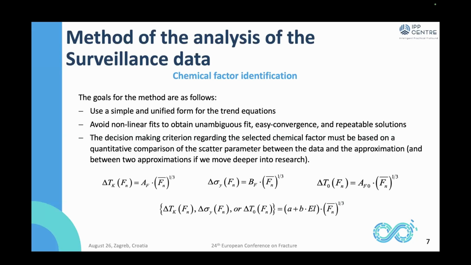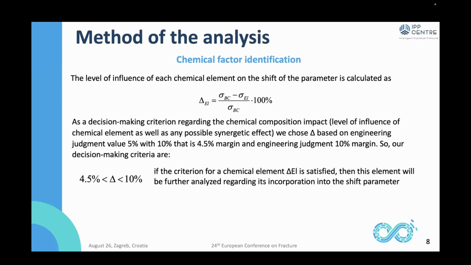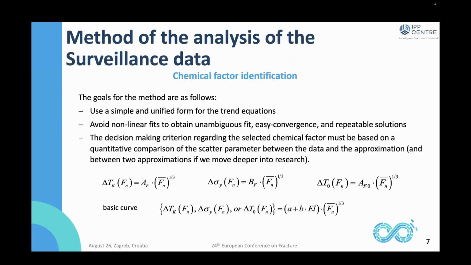And in order to quantitatively define the level of impact of each chemical element, we modify the radiation embrittlement and hardening coefficient, incorporating the chemical element into them. So, and how to get back? Sorry.